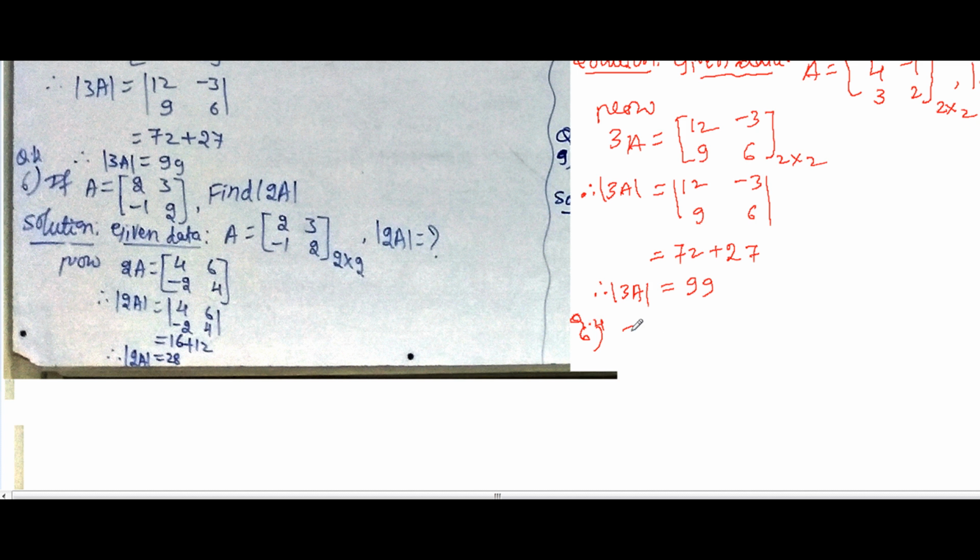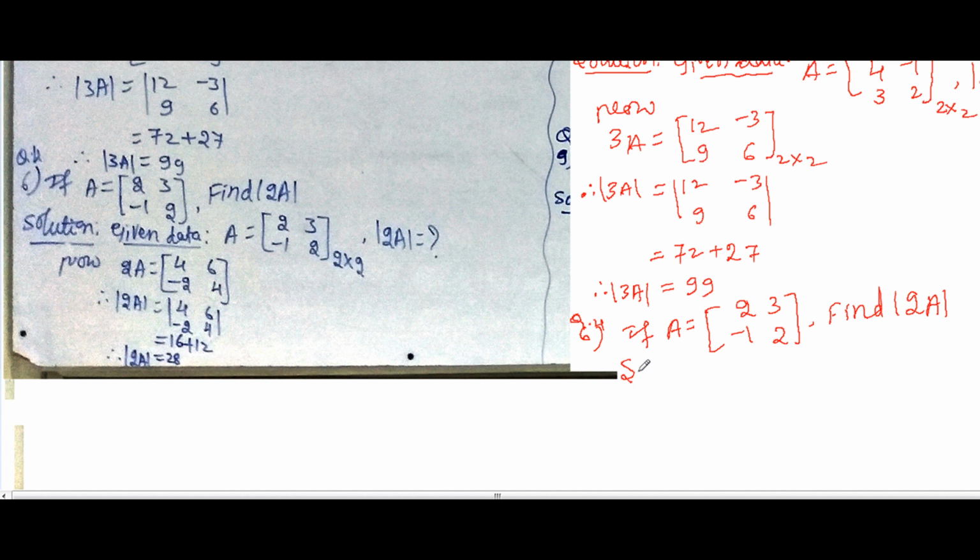So write whatever matrix A he has given. If A is equal to 2 3, next minus 1 2, then he has asked to find the determinant of 2A. So mention the given data.